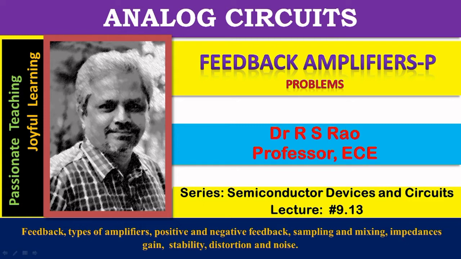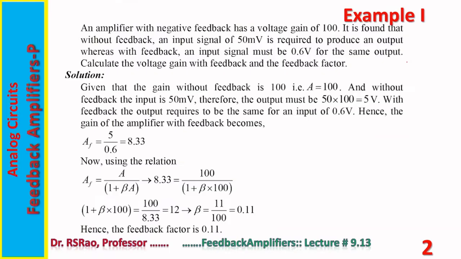In the present session, we consider several problems and their solutions too, which are set around amplifiers with feedback. Let us move further to start the course session. We begin the session with a problem, example 1.